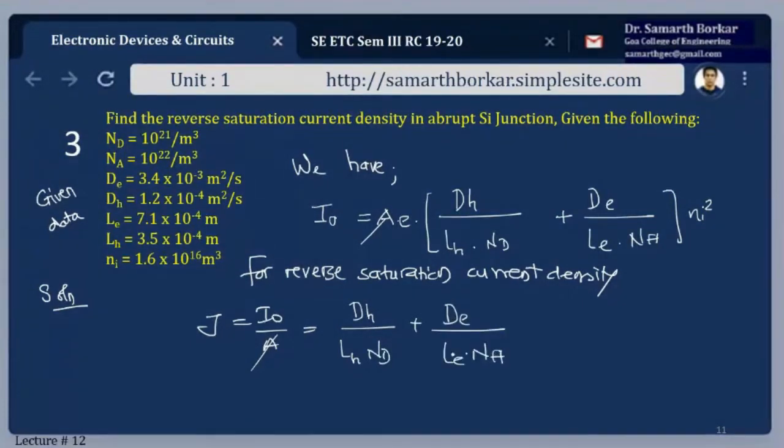So this is the product term, e, the charge on electron, and n_i squared. So if you substitute all these values, D_H is 1.2 into 10 to the power minus 4.